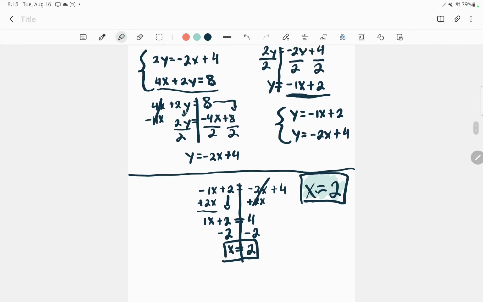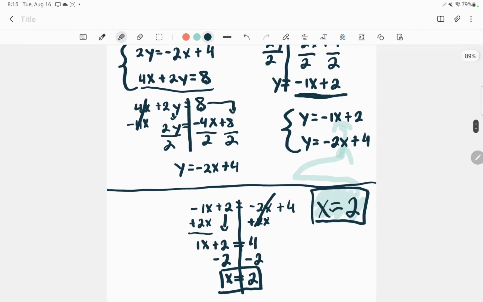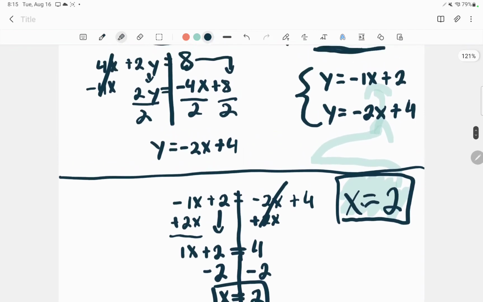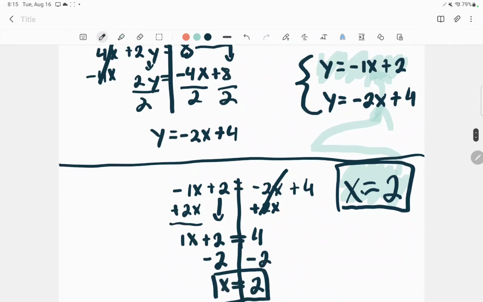Now again, just like we did before, I'm going to plug in that 2. I'm going to go ahead and plug this 2 into either this equation right here or the top equation. I'm actually going to go ahead and use the top equation because it looks easier to me. Let's go ahead and write it. So it's going to be y equals negative 1x plus 2.